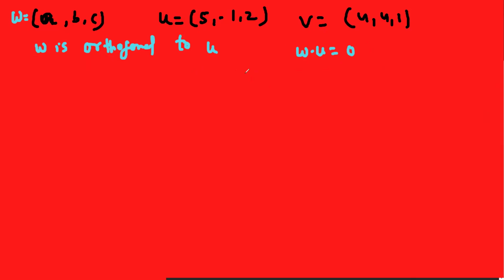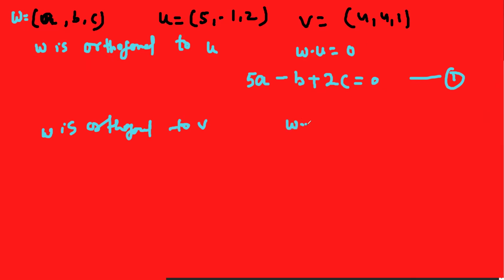So on multiplying you will get 5A minus B plus 2C is equal to 0, right? And W shall be orthogonal to V as well. So this is the first equation. W is orthogonal to V also.